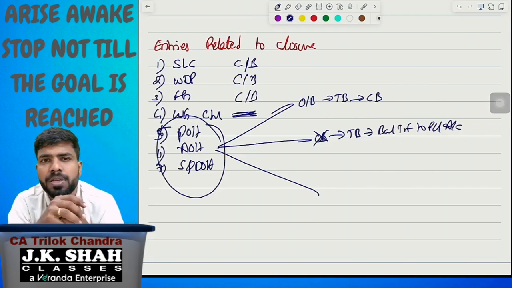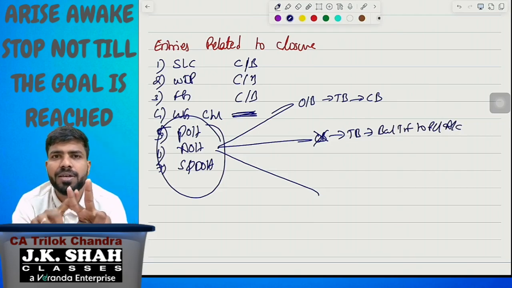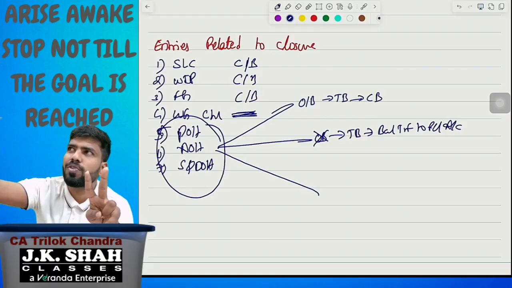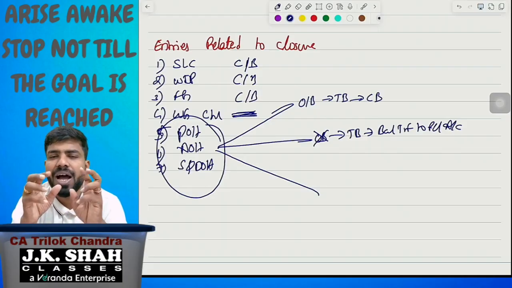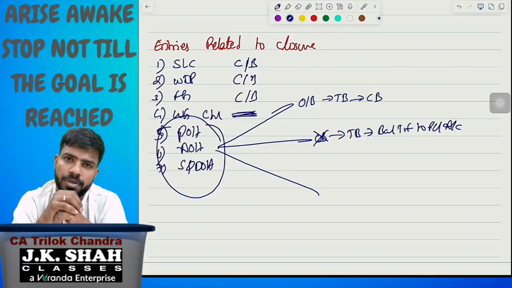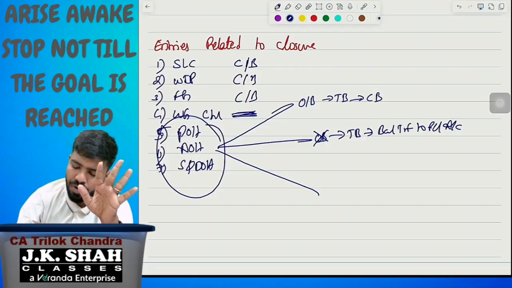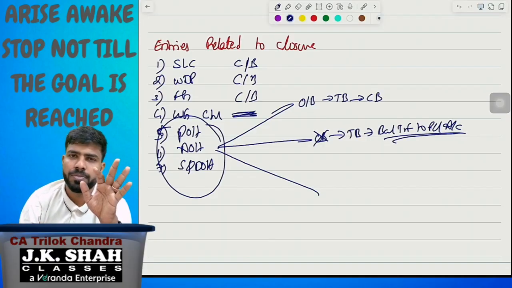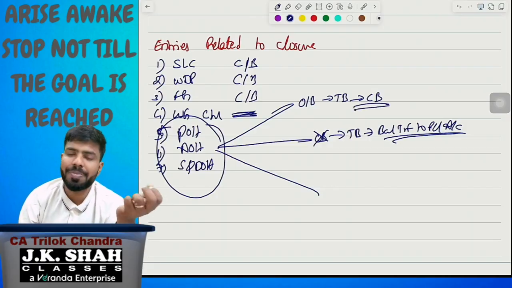Because there are two ways of accounting. One is under absorption, over absorption will be carried forward to the next period. Second one is under absorption, over absorption will be transferred to the P&L account. If you want to transfer it to P&L account, directly transfer to P&L account. If you want to carry forward, we'll take the closing balance.